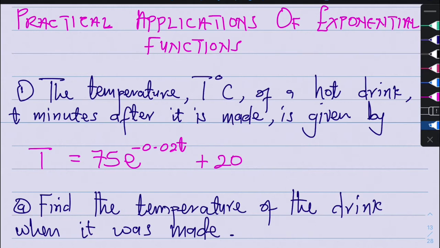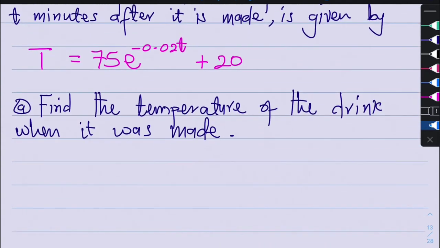It says that the temperature T degrees Celsius of a hot drink after t minutes is made is given by this particular formula. Now the question says: find the temperature of the drink when it was made. This is where you want to think a little bit.